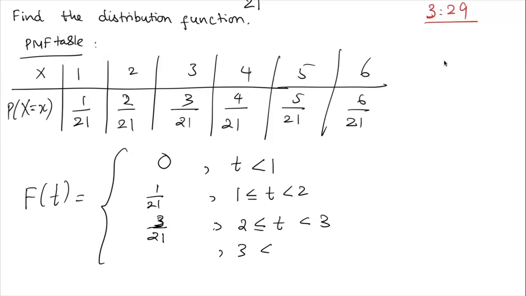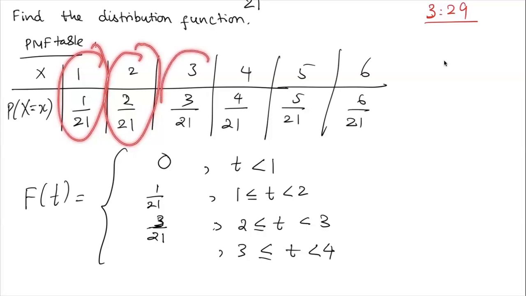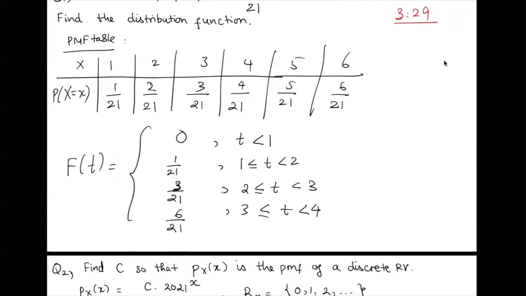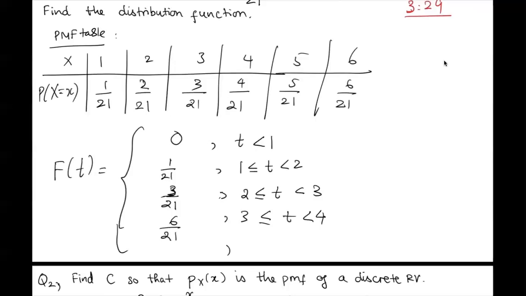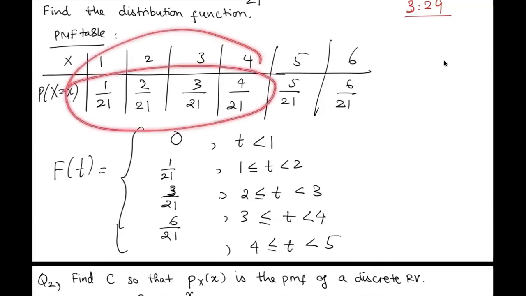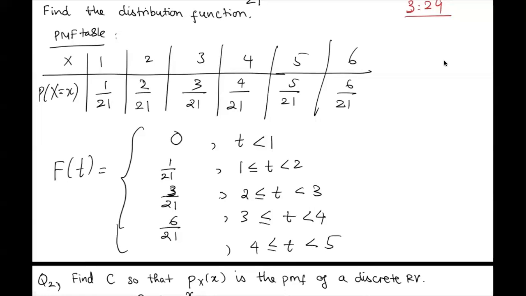Next one is between 3 and 4. Between 3 and 4 would just be the probability x equal to 1 plus the probability x equal to 2 plus the probability x equal to 3. So we would have 6 over 21. Between 4 and 5, we add all these probabilities together, and we would have 10 over 21.